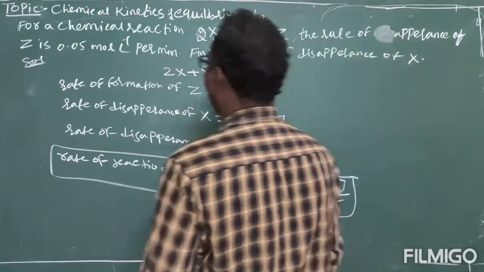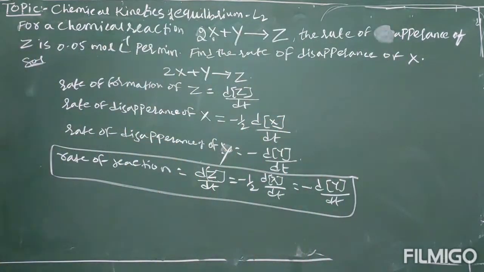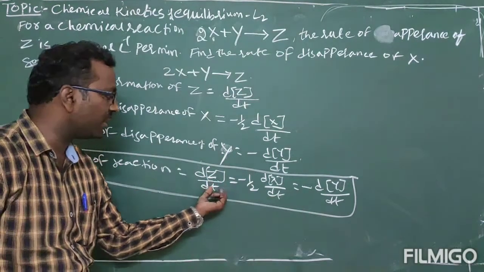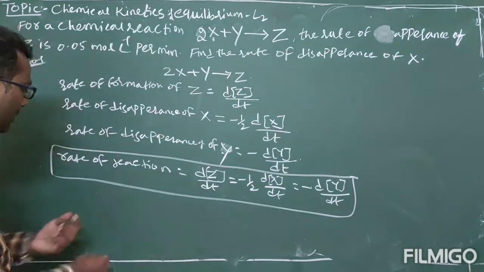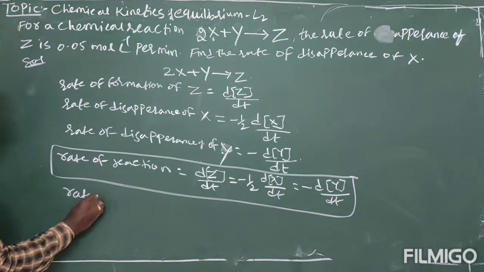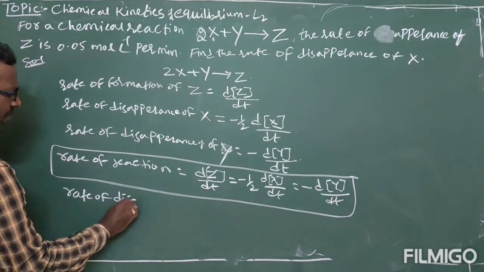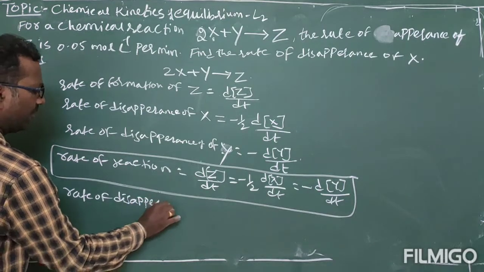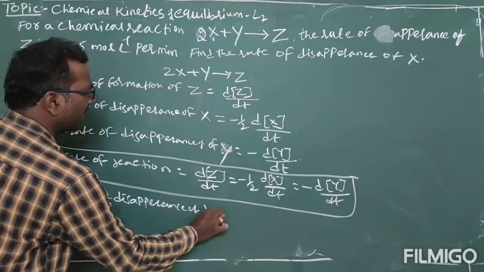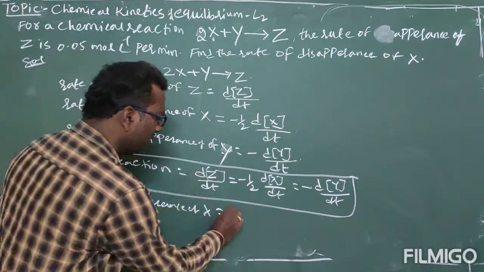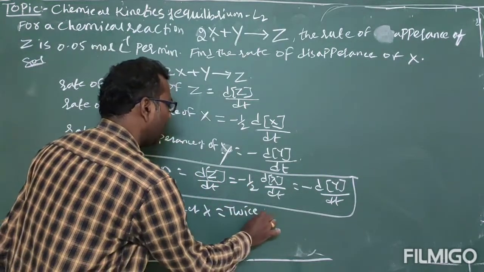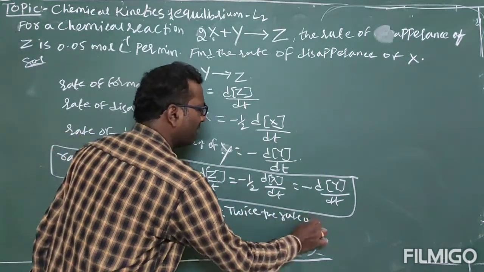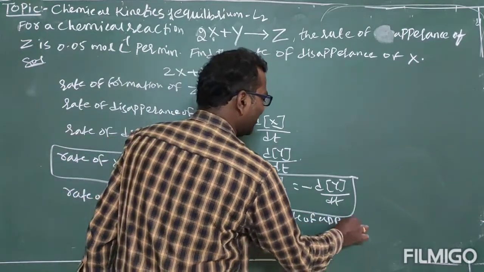Rate of appearance. Okay. Now what can I write? What is the relation between these two? So the rate of disappearance of x is equal to twice the rate of appearance of z.